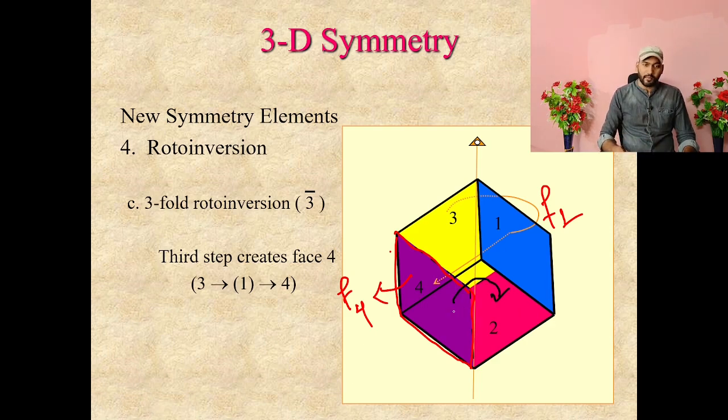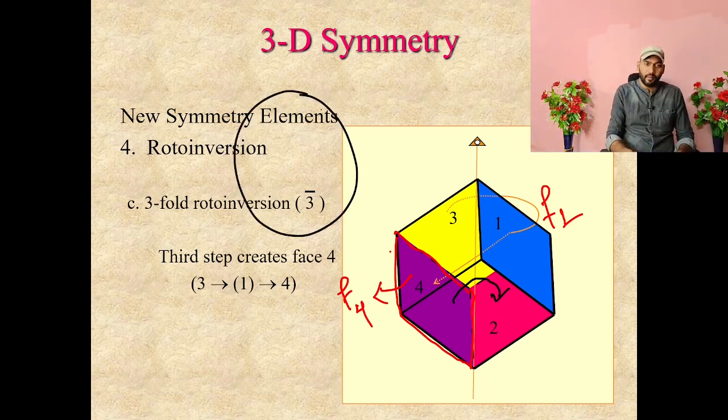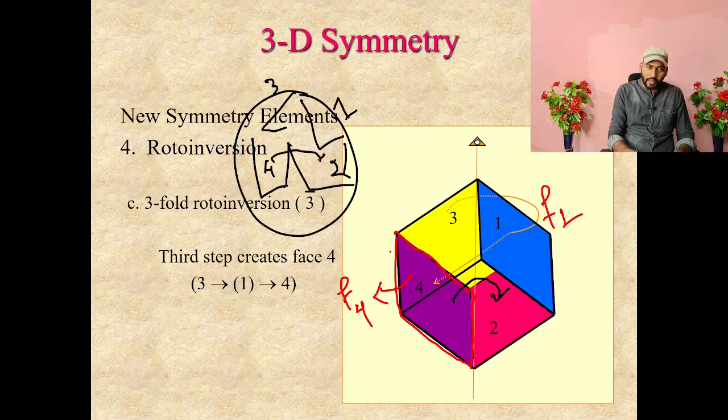Imagine 1 and 3 are in the upper hemisphere. If this is a sphere, 1 is here, 3 is here, 4 is here somewhat, and 2 is here. So if we rotate 4, it will come to 2. It will not go to 3 or 1.